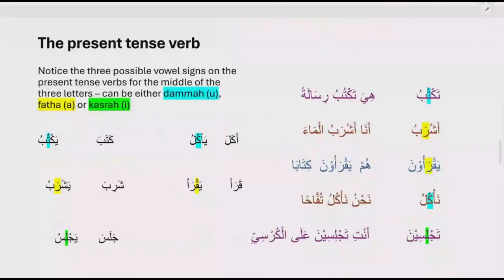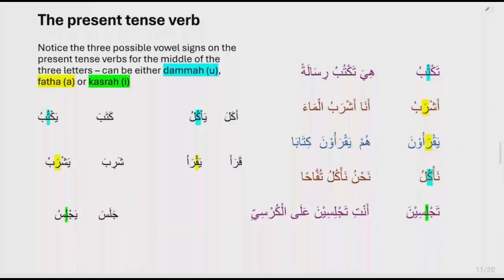just one more thing I need to make a mention of, that there are three possible vowel signs on the present tense verb for the middle of the three letters. So if you look at akala, the middle letter is the kaf here, right? If you look at kara'a, the middle letter is the ra. And in this example here, jalasa, you notice the lam is the middle letter.